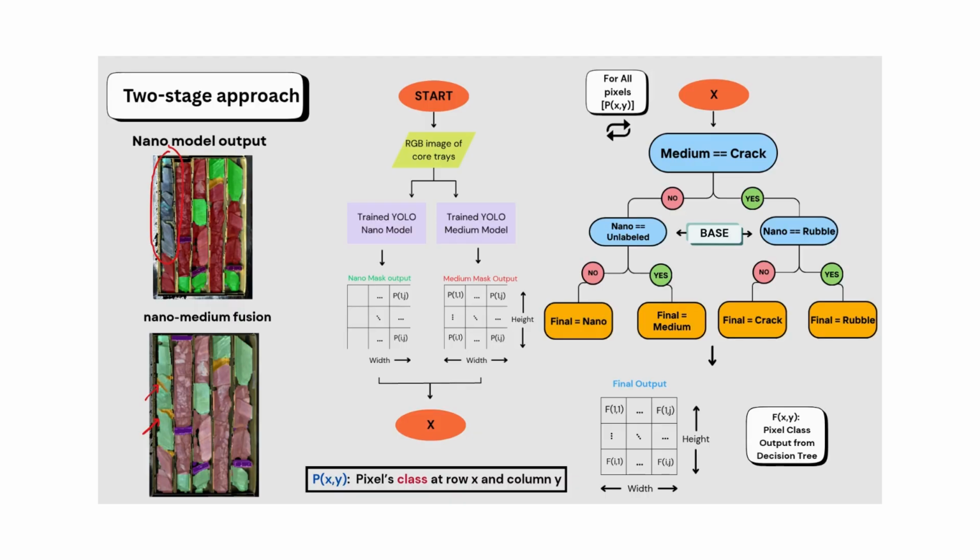If the nano, however, was already labeled and we did not need to fill in anything, the nano would stay as the base, and the final output would be the nano output. And so again, we do this for every pixel, and we finally get a pixel map where every single pixel is the output from this decision tree.